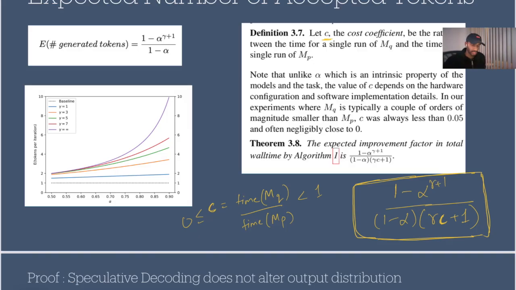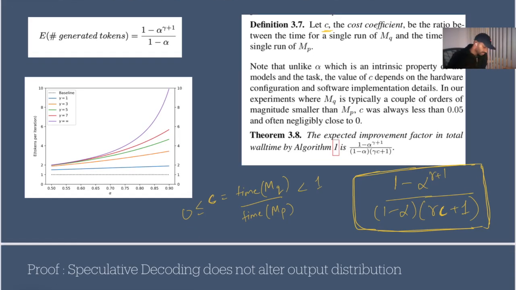So for speculative decoding, we can keep this formula in mind while selecting a model. It need not be too small, because when it's too small, we get poor alpha values, but it need not be too big as well, because then we will not get a very good improvement in wall time.